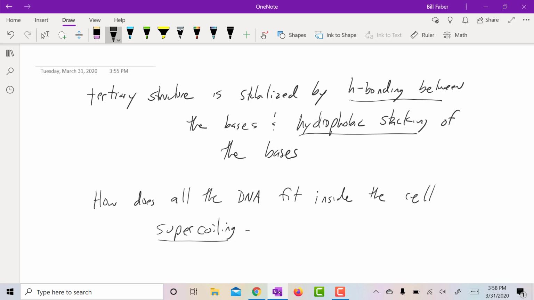So it's basically adding twists to consolidate DNA.